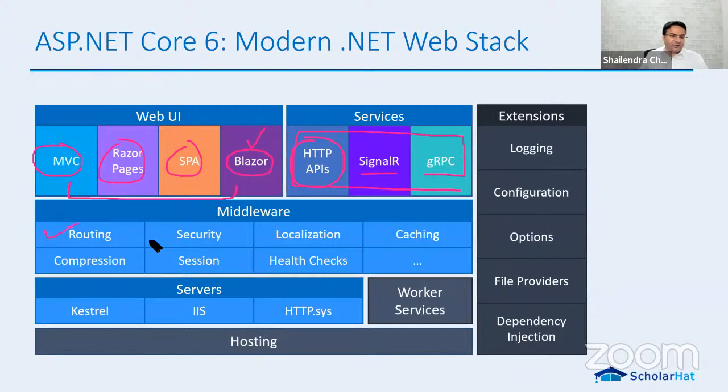We have middleware for routing, security, localization, and caching. We have it for session and health checks, and these are the servers where we can host them. And these are the various extensions for logging, configuration, options, file provider, and dependency injection. So this is the complete ASP.NET Core 6 stack. I hope it makes sense to everyone.